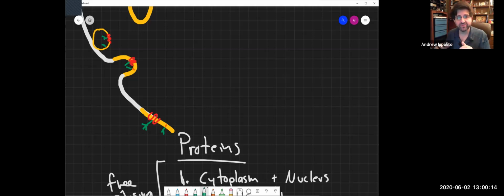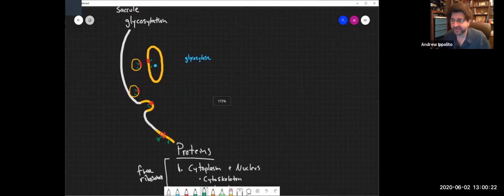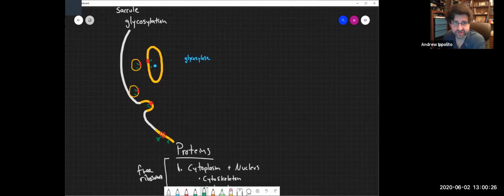And now we have a glycoprotein and a glycolipid facing outward on the cell surface. So stepping back, you can see that inside the Golgi, we have these enzymes that add the sugars. They glycosylate the protein, they glycosylate the lipid. Those glycoproteins and glycolipids then emerge on a vesicle.